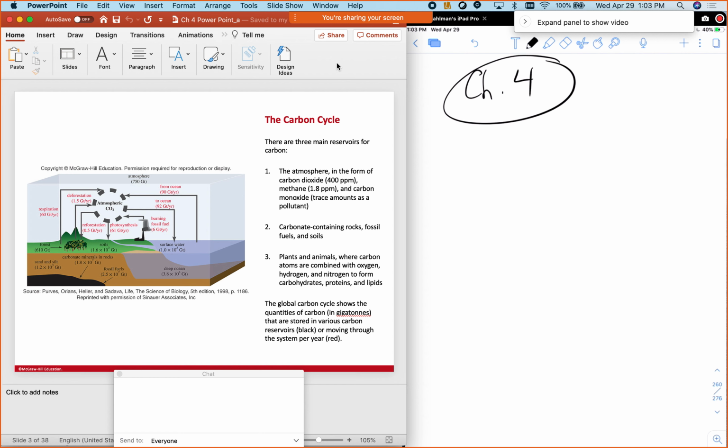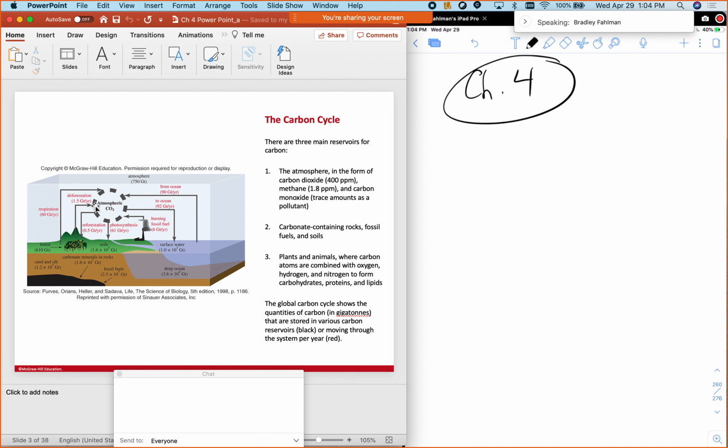So, starting with chapter 4, the first thing to know is not really all these details per se, the numbers here, and not to memorize all of these different storage places that store carbon or where it's moving around in the ecosystem.